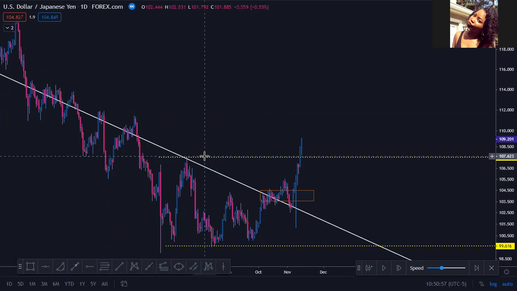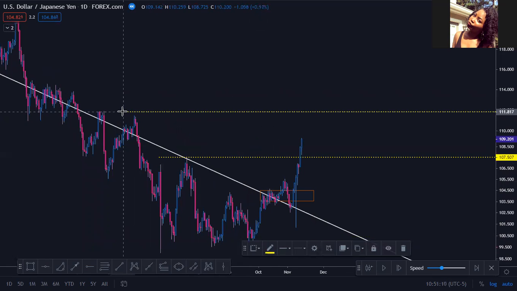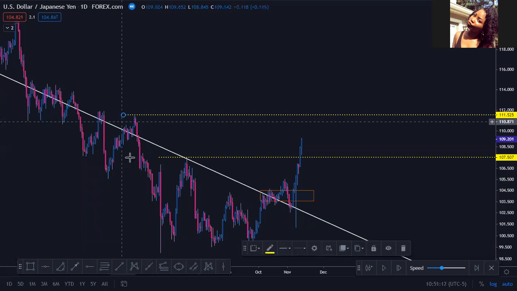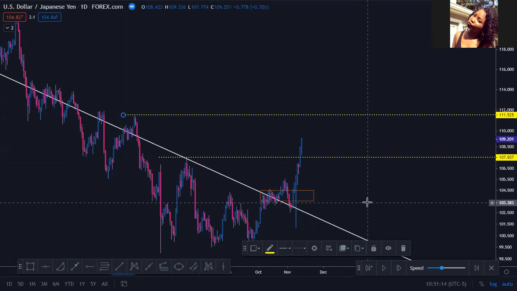See that, right? We see that our next area on a daily time frame where price can slow down is right here. So because we're far away from this, I'm just going to move this up here and say, all right, this is our new ceiling. Here's our new floor. See how we did that? Great.